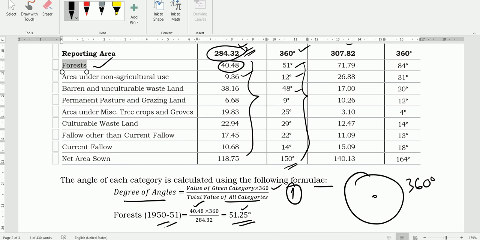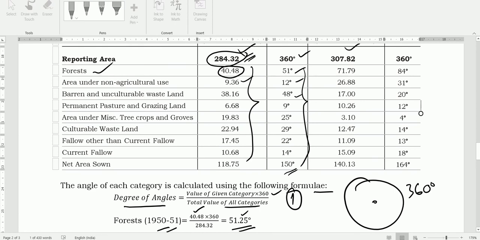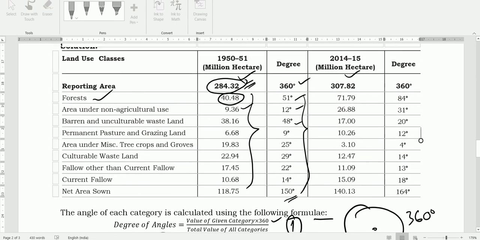Likewise for the other year also. For the other years also, the data are given here. Okay, this is for 2014-15, and here these are the different areas of different categories. Applying the same formula, here we get these angles, in degrees.